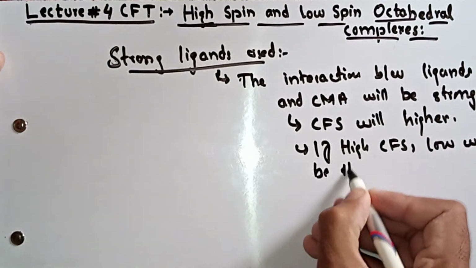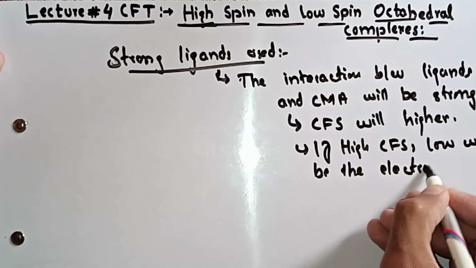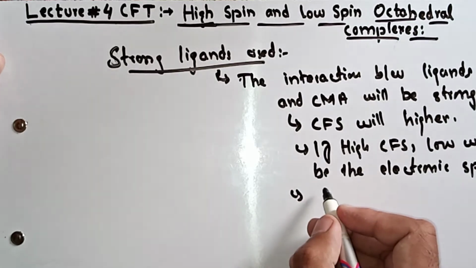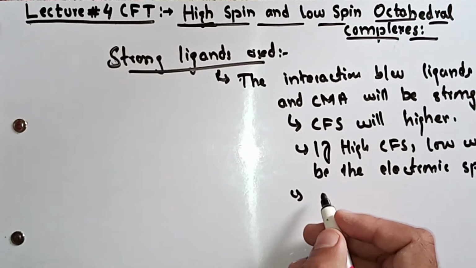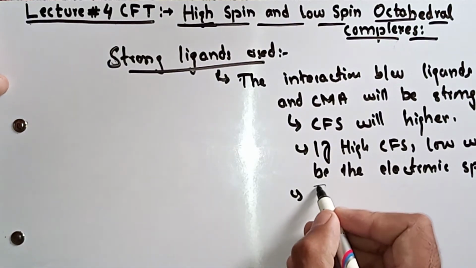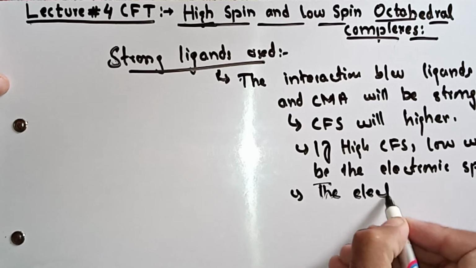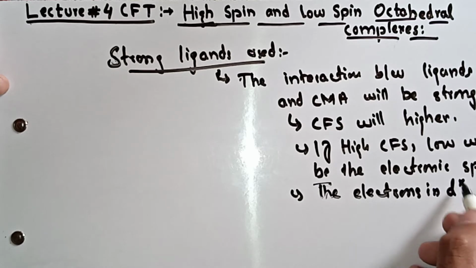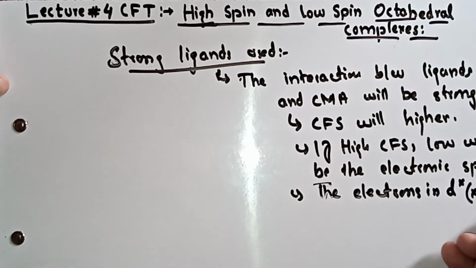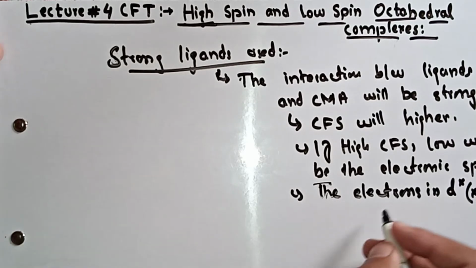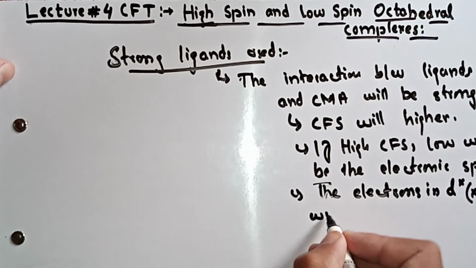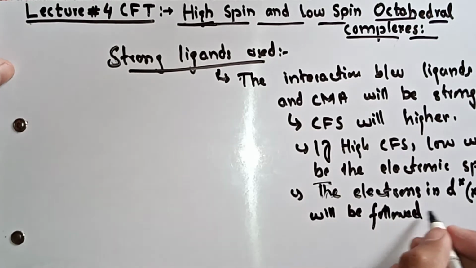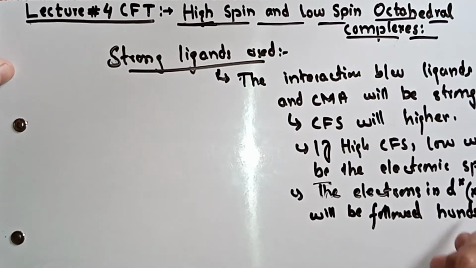Electronic spin means that the electrons in the d system of the central metal atom, in d^x, where x is the number of electrons from 1 to 10, since d has a maximum of 10 electrons, should follow Hund's rule.